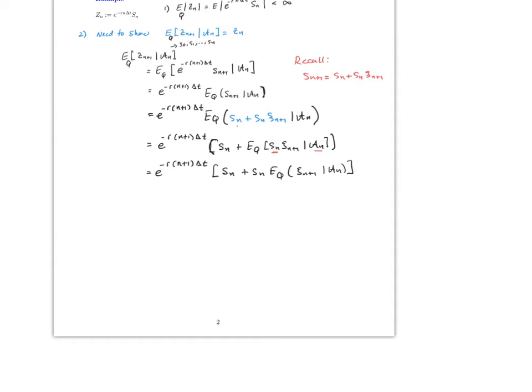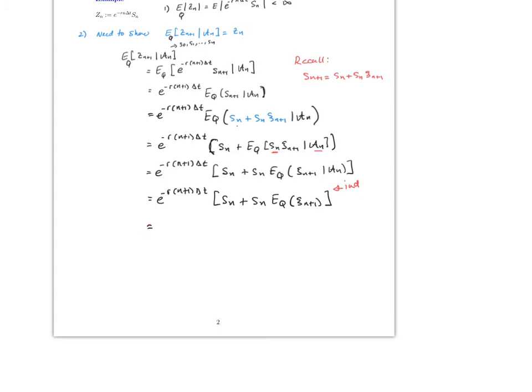But remember that this is independent of A_n, so this will give you e to the minus r_{n+1} delta t times S_n plus S_n times just the expected value with respect to Q of C_{n+1} by independence. Okay, since they're independent, we already know what this is. That's what we did at the very beginning of the class.